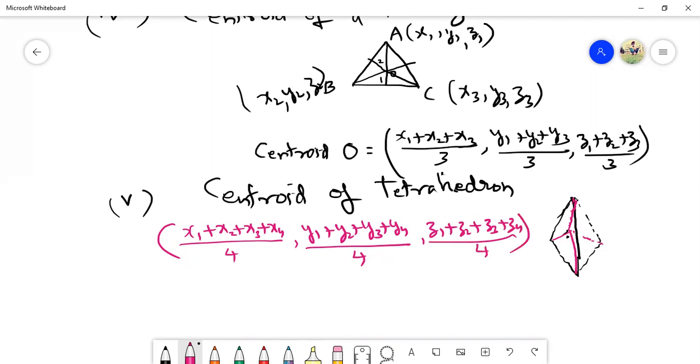This will be the coordinates of the centroid of the tetrahedron shape.